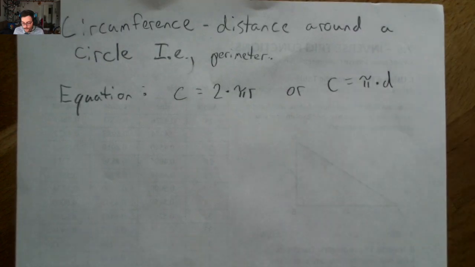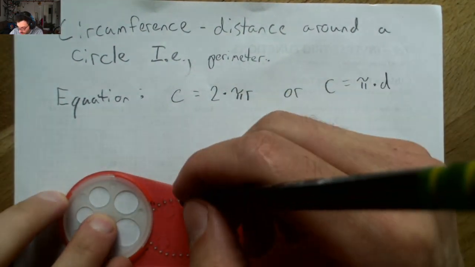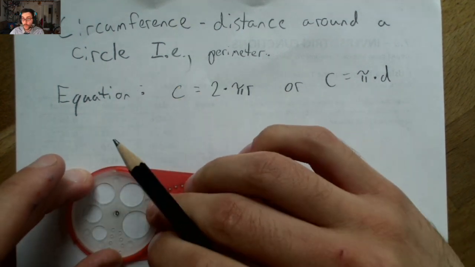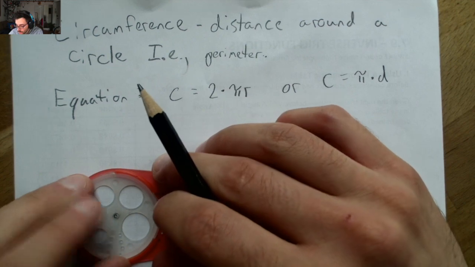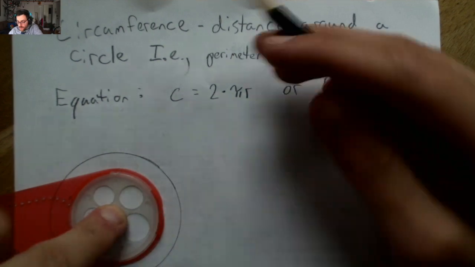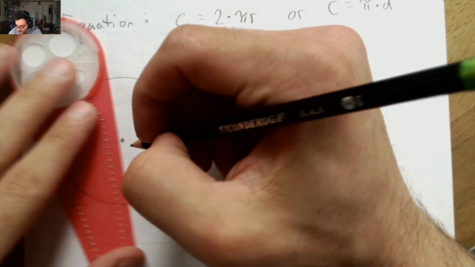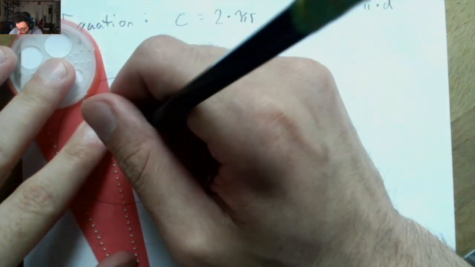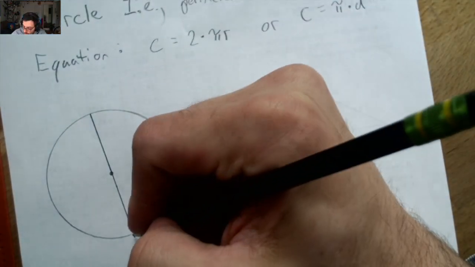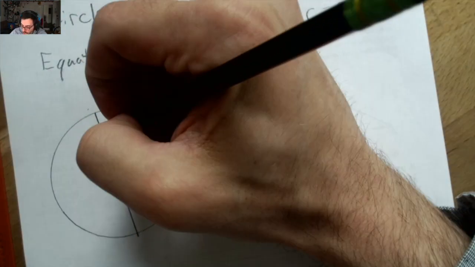So let's take a look here. I'm going to draw another circle here. Once again, I'm going to fill my center point in first, in case I need to come back and check. Come around. So going from one point to the opposite side through our center is essentially the definition of a diameter.